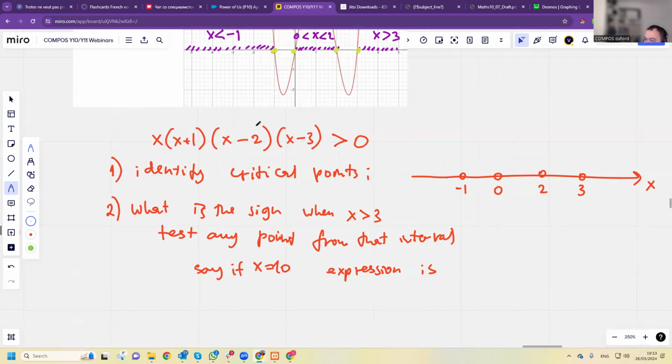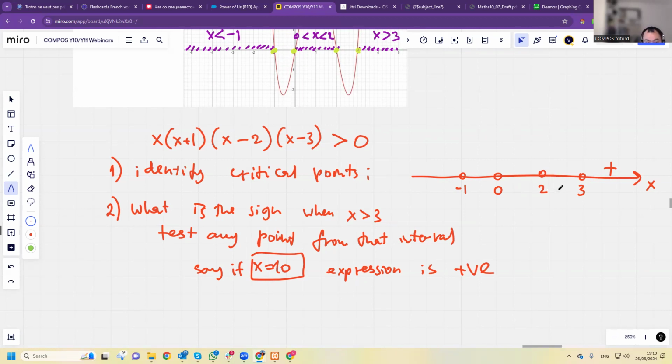You don't need to calculate. You know that this expression will be positive. So that means on this interval from 3 to plus infinity, because we've tested one value from that interval, it's going to be positive. Between 2 and 3, it's going to be negative.